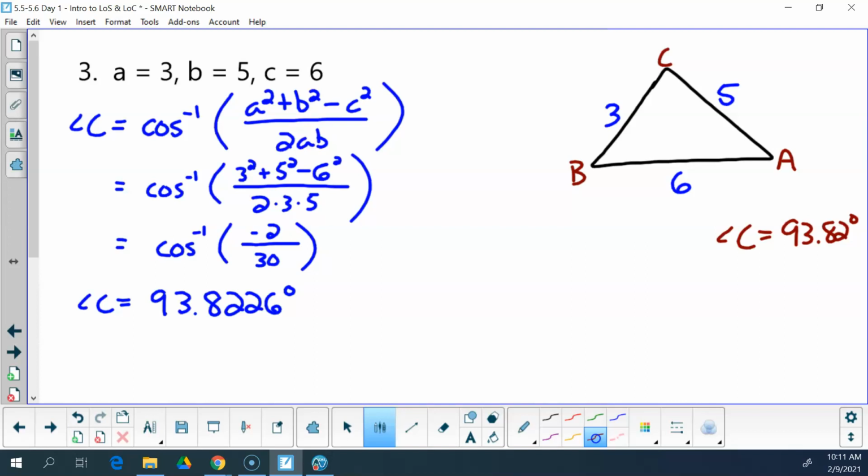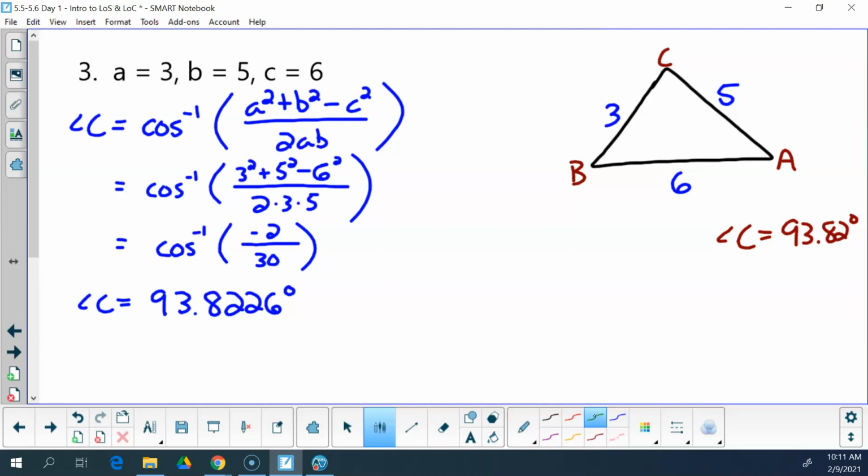Now we've got to use the law of sines, right? Which angle do we want to find next? Law of cosines, we find the big one. Law of sines, we find the small one. So we want to find angle A next.